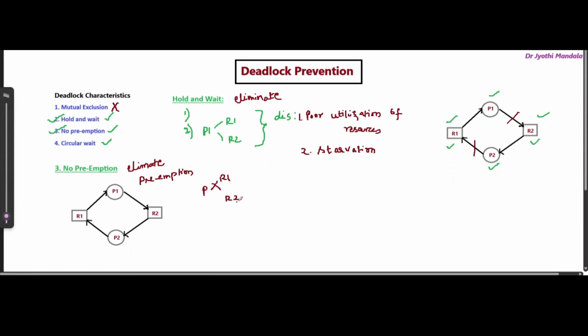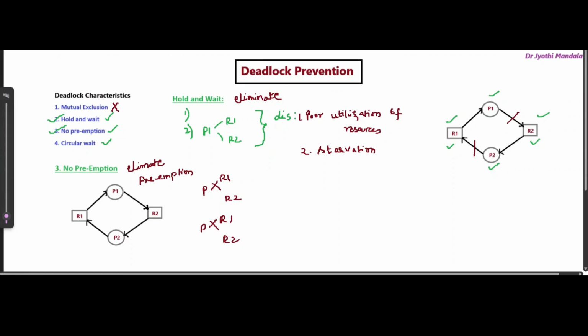I'll repeat once again. If P is holding R1 and requesting R2, which is not available, then whatever it is holding has to be forcibly taken out from the process. So that is how we can eliminate this deadlock situation, by converting no preemption to preemption.